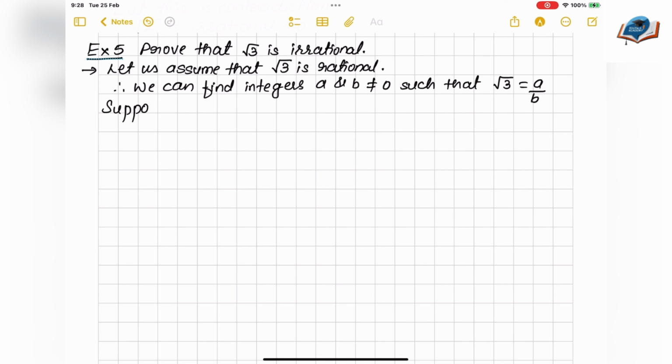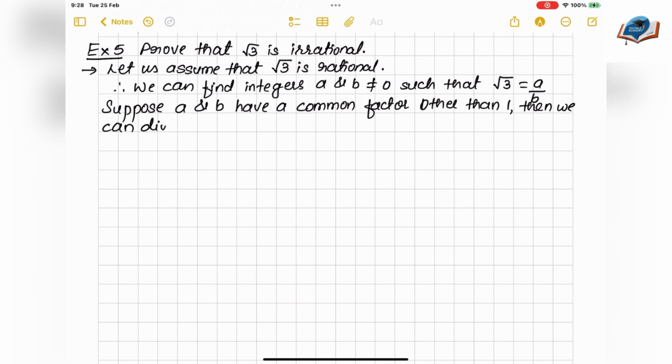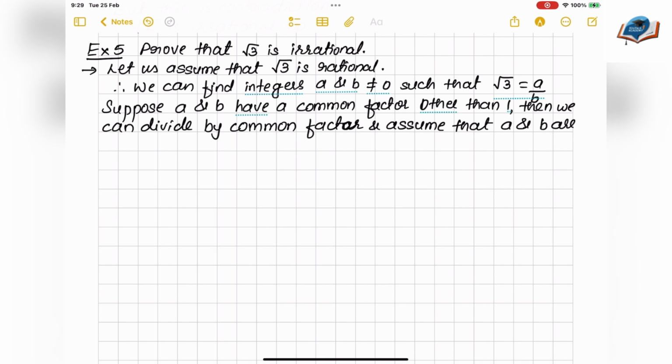Suppose a and b have a common factor other than 1, then we can divide by the common factor and assume that a and b are coprime.